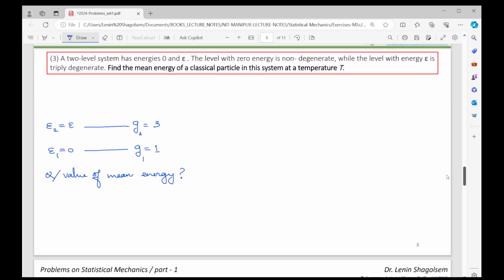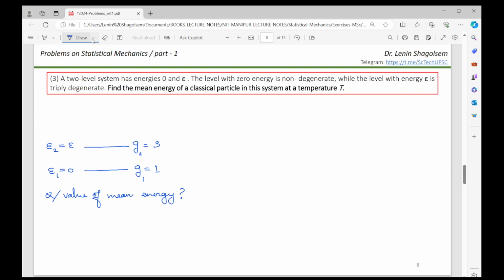So let me just write down the expression of mean energy that we use. The mean energy E is the summation of g_i epsilon_i e to the minus beta E_i, and here we'll divide by the partition function.